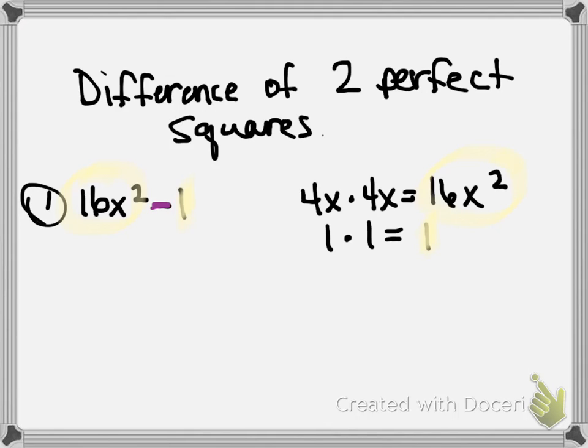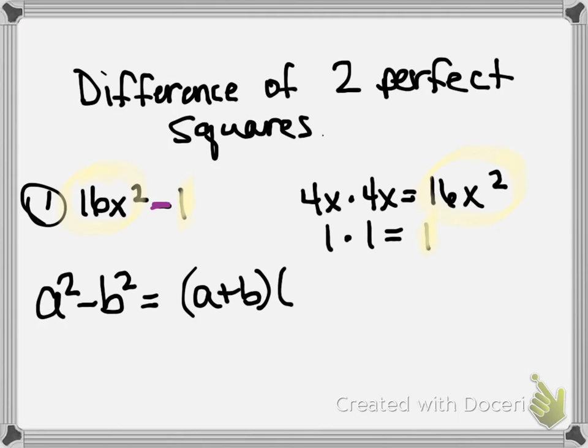So if you can remember this rule, if you have a squared minus b squared, that immediately factors to a plus b, a minus b. Now in this instance, our a is not 16x squared, but it's what is being squared.